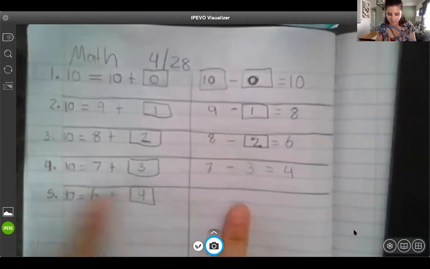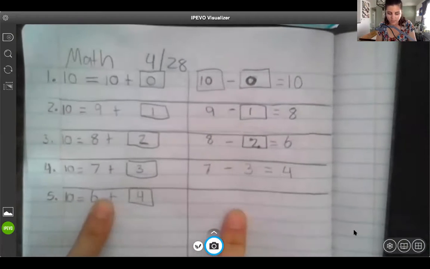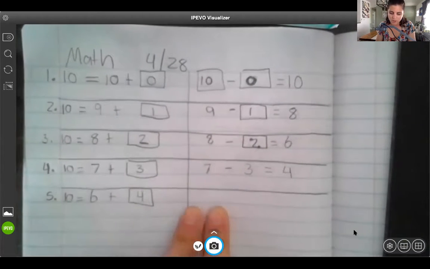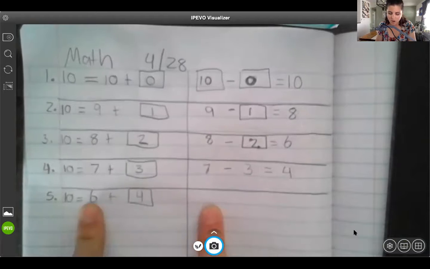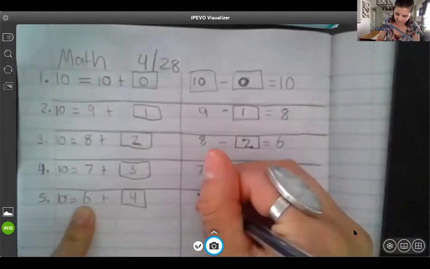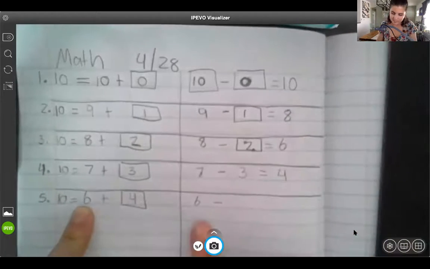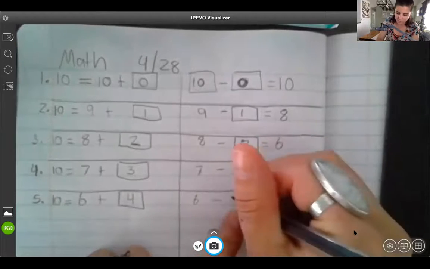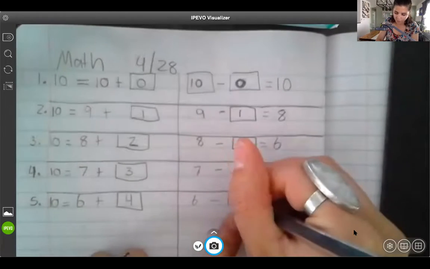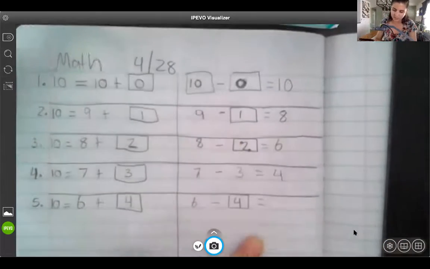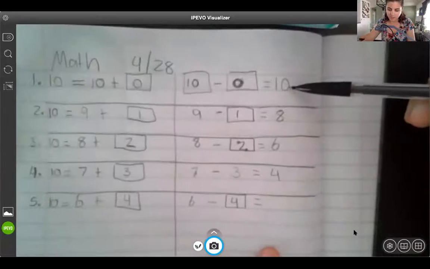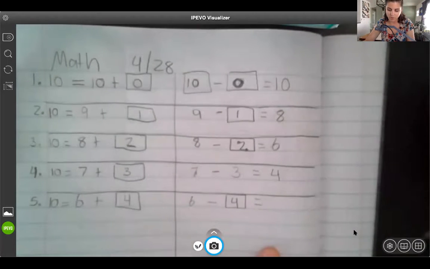So let's try this next one. 10 equals 6 plus 4. So we are actually going to use our number 6 over here. We're going to say 6 minus, and then which number is in the box? 4 equals. So we can count down by 2s. Maybe you want to solve this problem with patterns.